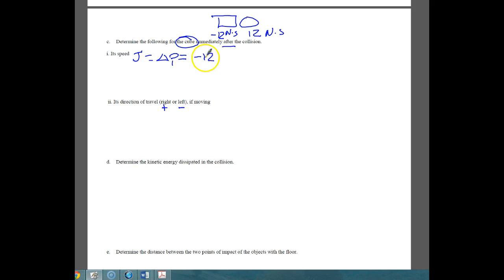That would be equal to the mass of the cube times the change in the velocity of the cube.